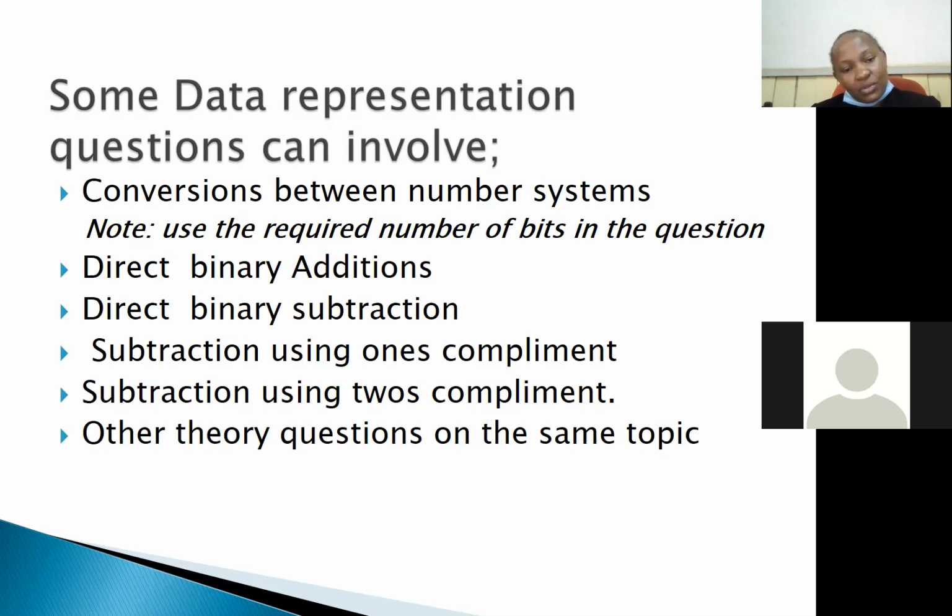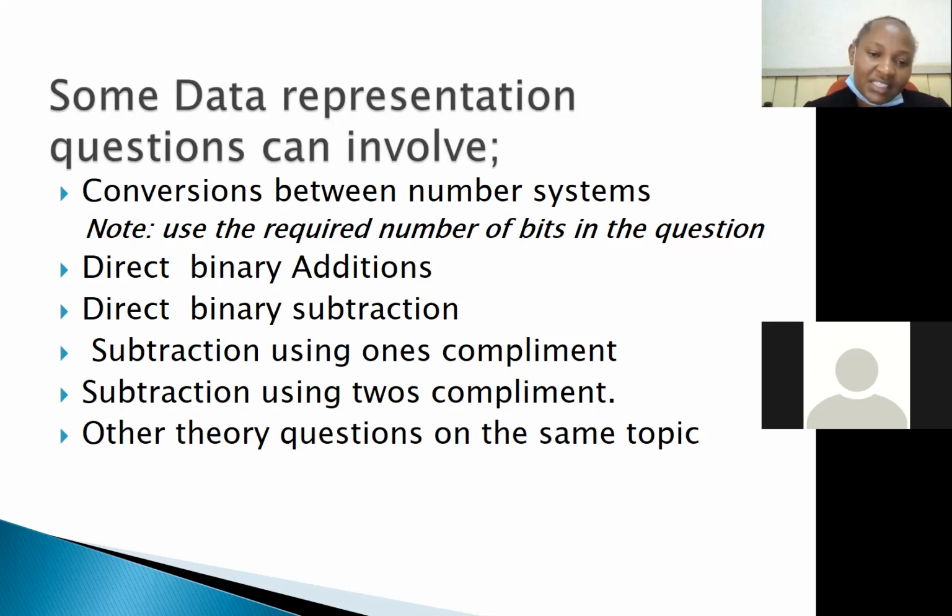There's also direct binary subtraction. If you are given 1, 0, 1, 0, you subtract 1, 0, 1. You should be able to carry out that binary subtraction and get the right answer as a candidate.